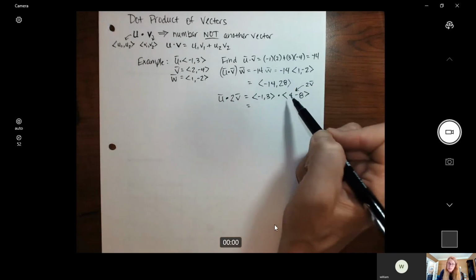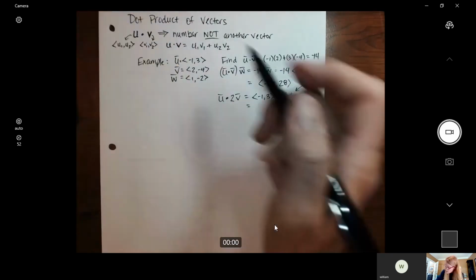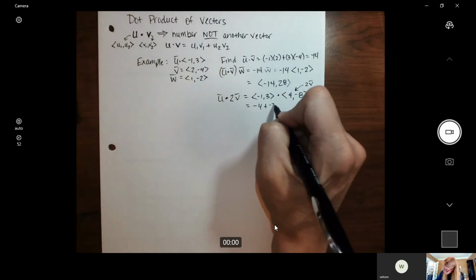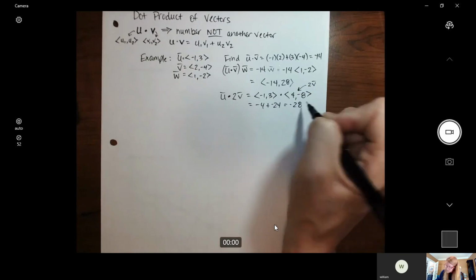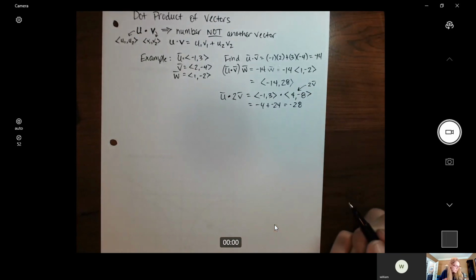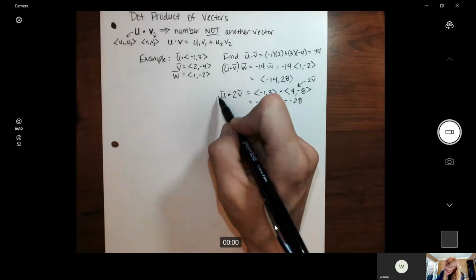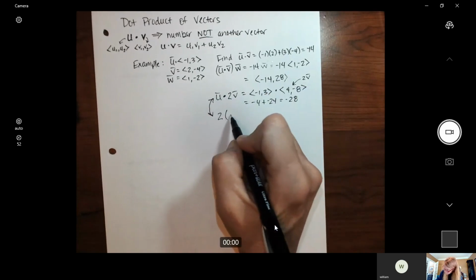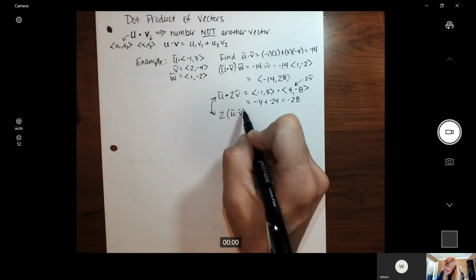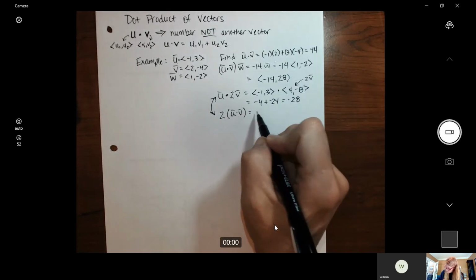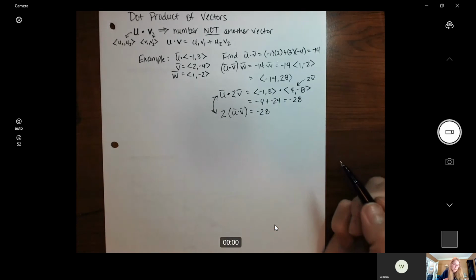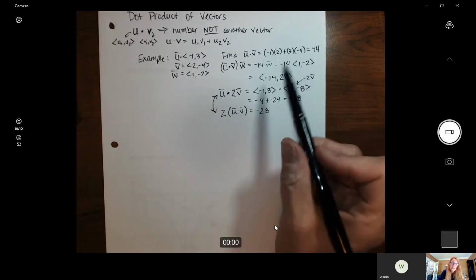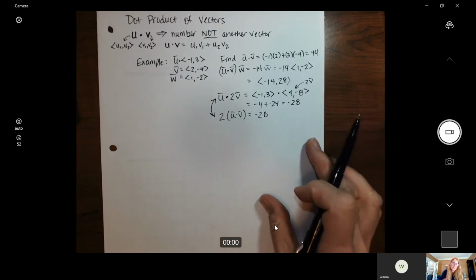The dot product of these two is going to give me a number. -4 plus -24 gives me -28. All right, so that's the same, and you can also represent this same thing. You can pull this 2 out front and just have this as the dot product of u and v times 2. You'd end up with the same thing. We already know that u dot v is -14. If I multiply that by 2, I get -28.